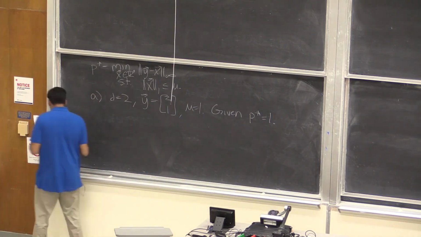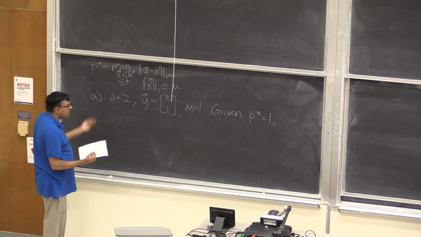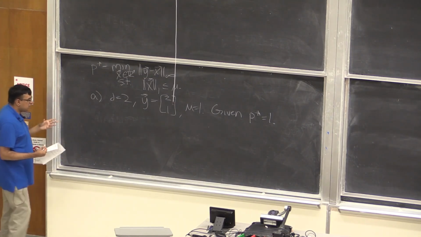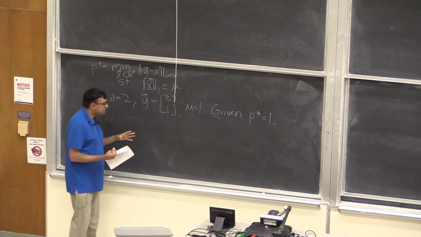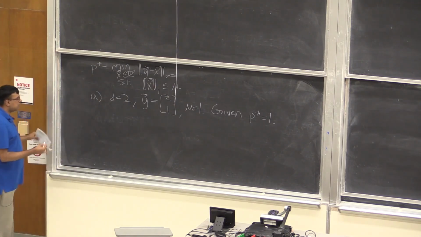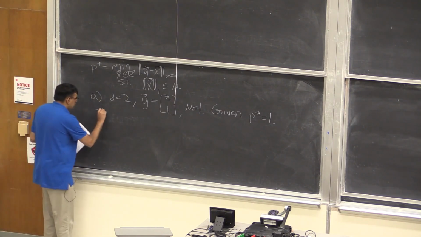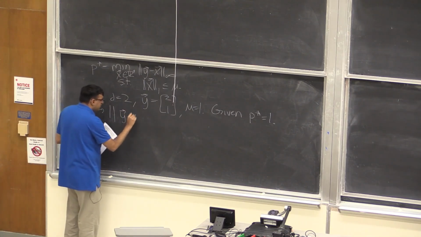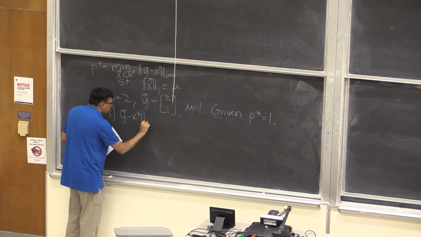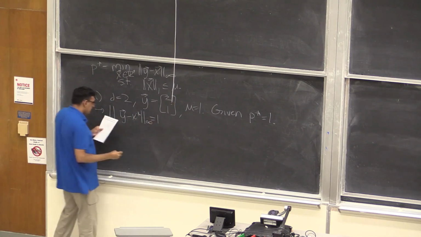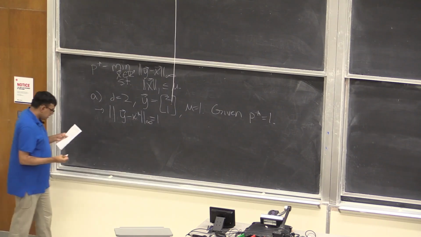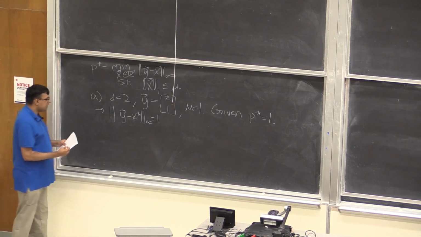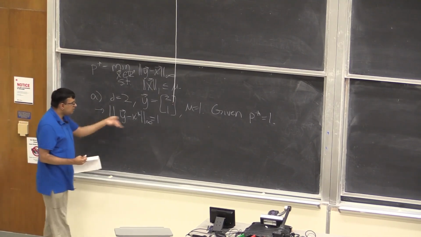Okay, good. We're given p star is equal to 1. This is just a numerical example, so I'll go through it in as much detail as I can. This tells us that the infinity norm of y minus x star, x star being the optimal solution, is equal to 1. This gives bounds for each of the coordinates of x star because we know y.